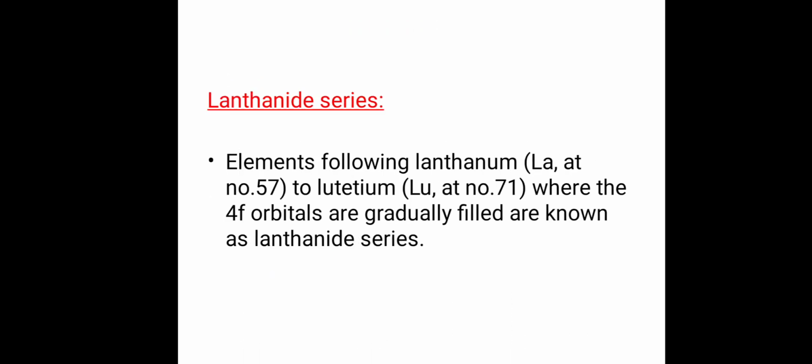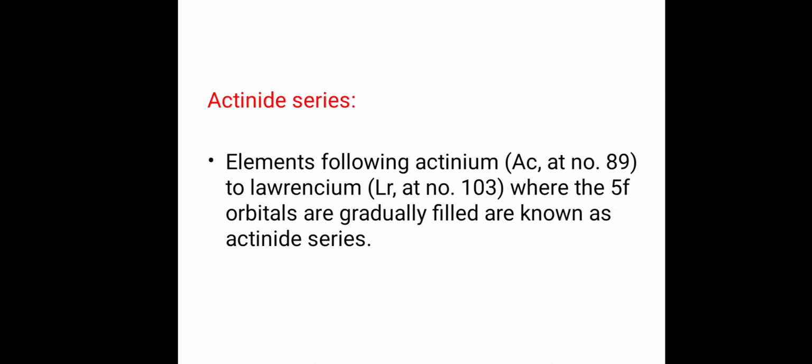One is the lanthanide series, elements following lanthanum to lutetium, where the 4f orbitals are gradually filled. Then the actinide series, actinium to lawrencium, where the 5f orbitals are gradually filled, is known as the actinide series.